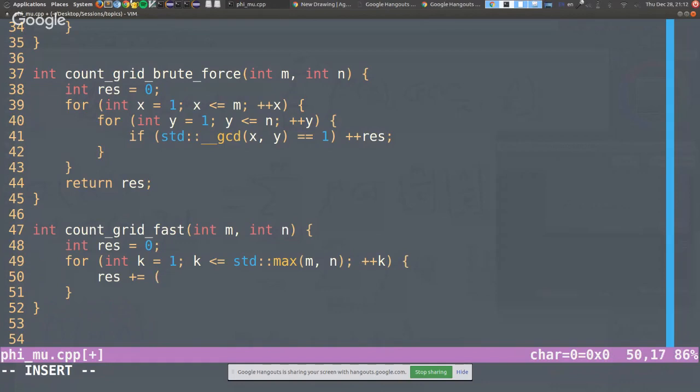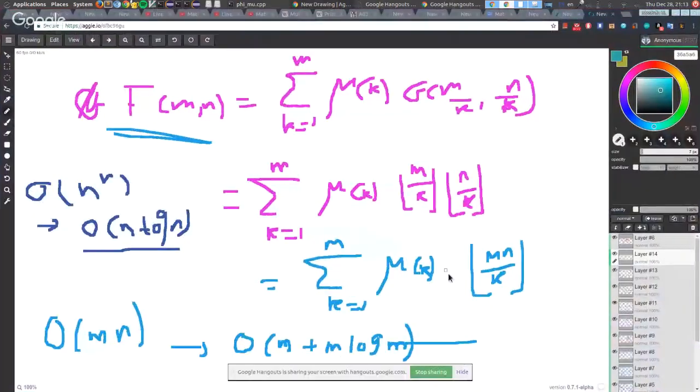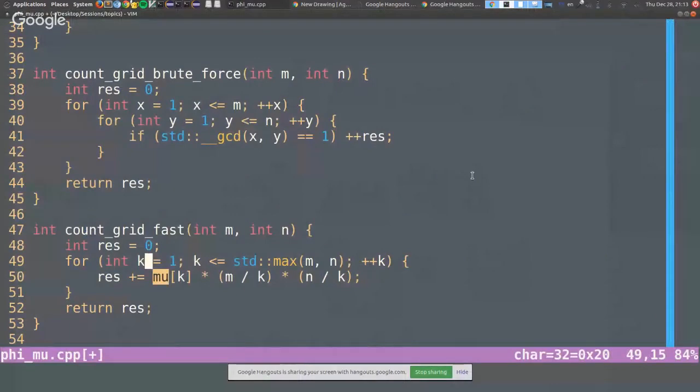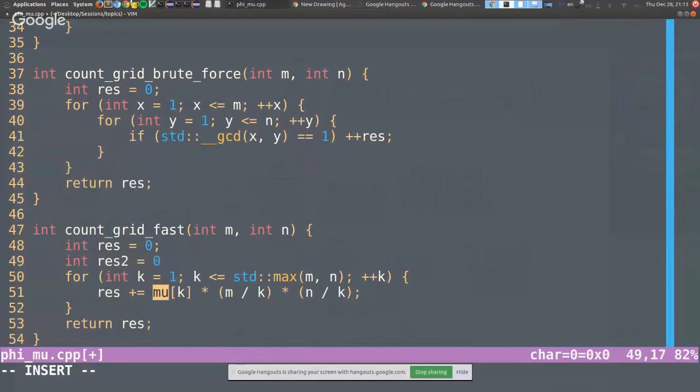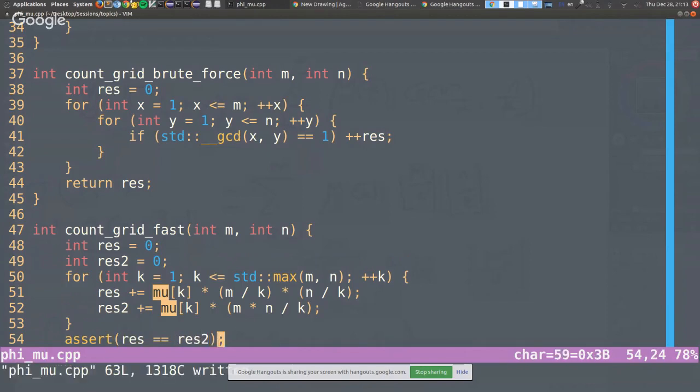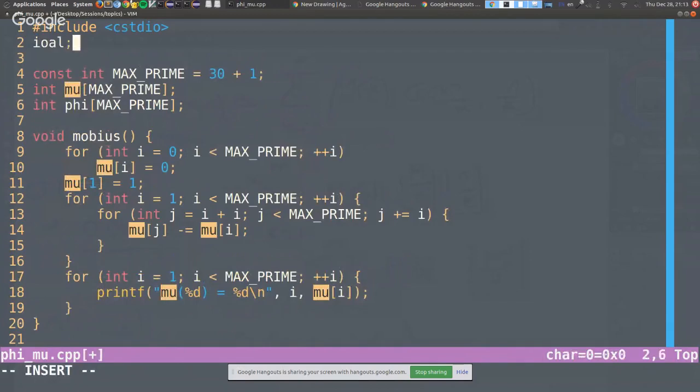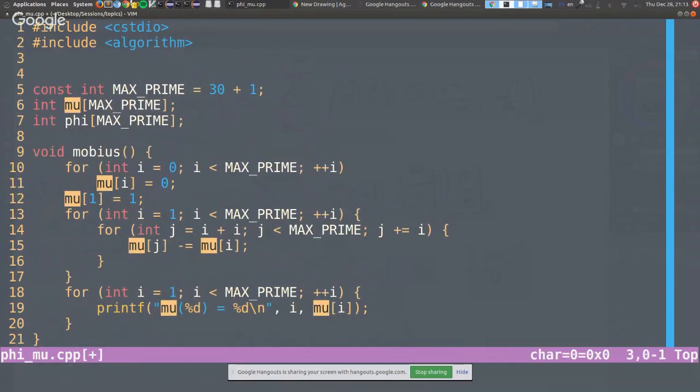Here the result: mu of k times n over k times n over k. And also, I will put this other formula and I'll make an assertion that they are both always the same. So here I'll make an assertion that they are both the same, as I expected it to be. We need the algorithm and we need the assertion.